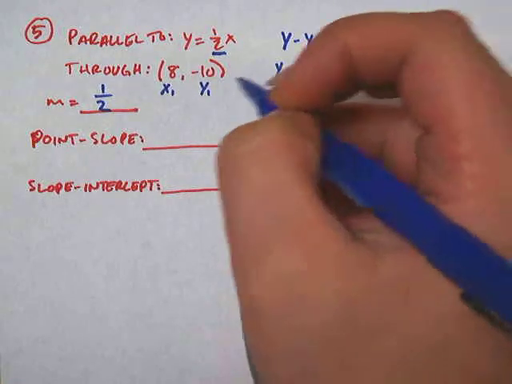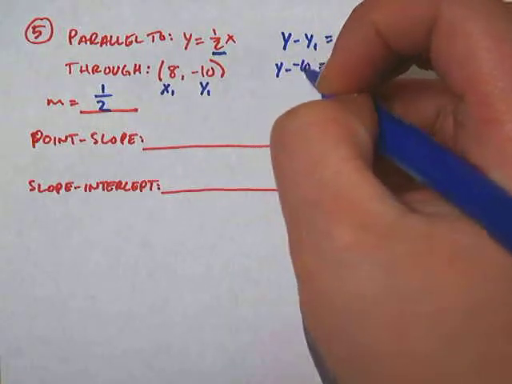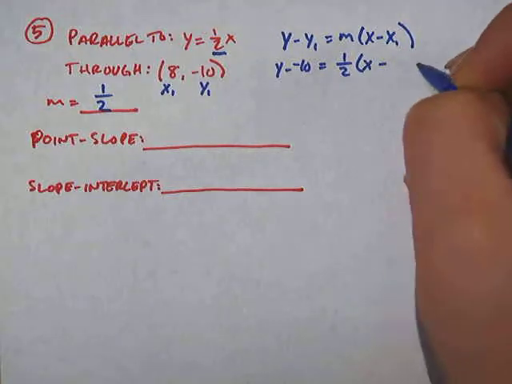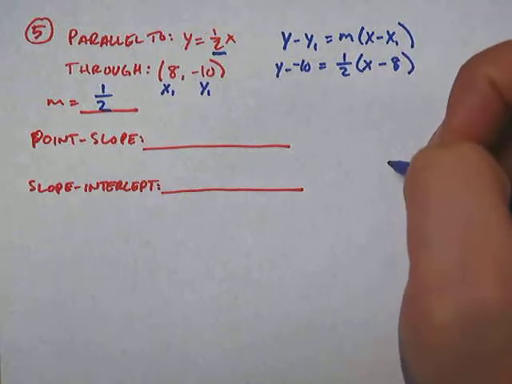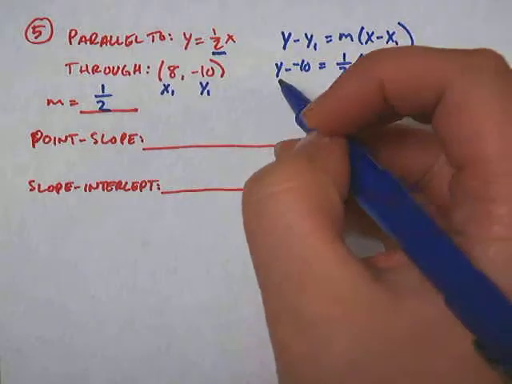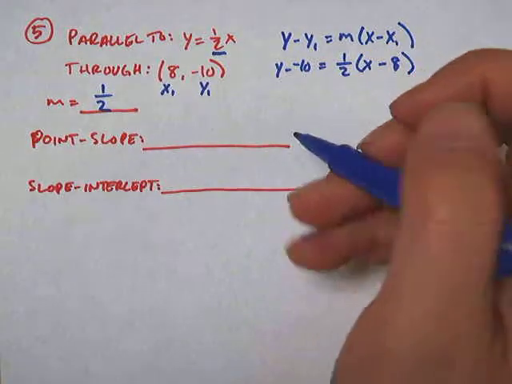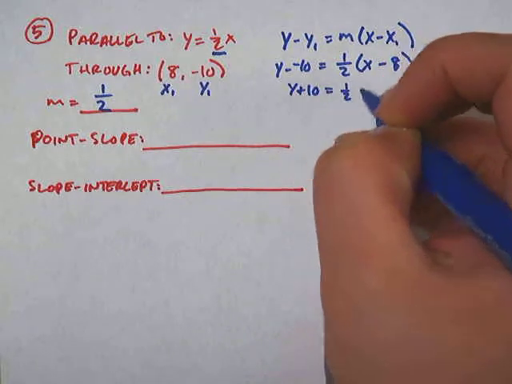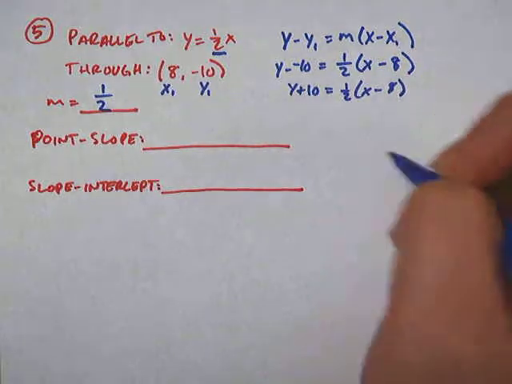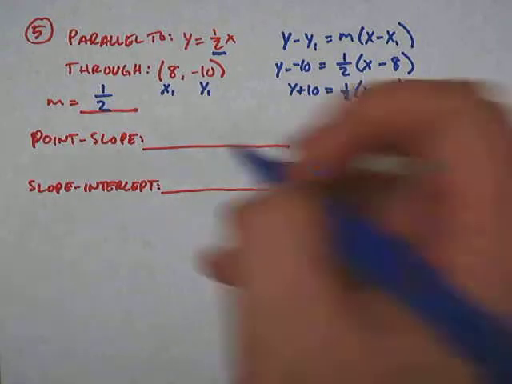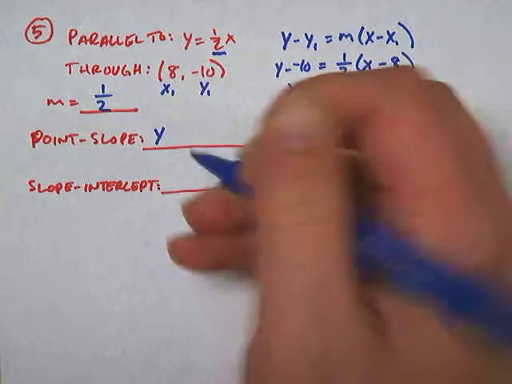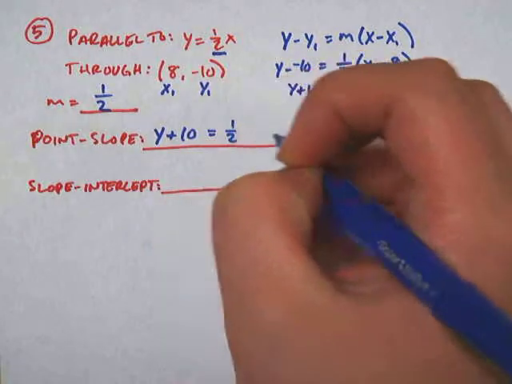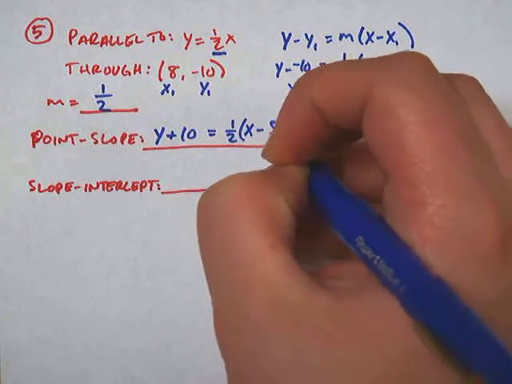So we have y minus y1, so -10, equals 1/2 times x minus x1, which was 8. And y minus -10 is really like adding, so we can go y plus 10 equals 1/2 times x minus 8. And that is our point slope form. So on our point slope form line, we have y plus 10 equals 1/2 times x minus 8.